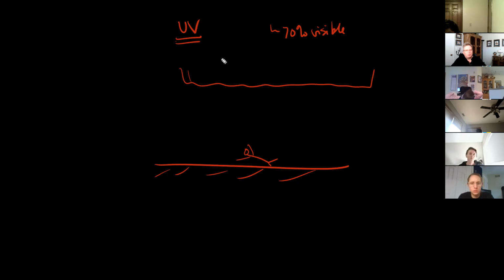Have you ever gotten sunburn on a cloudy day? Yes. In fact, why do you think that is? Why do you think it's easier to get suntan or sunburn on a cloudy day? There's a reason for this. Do you think it's easier to get sunburn when you're in a boat? Anybody ever gone boating and gotten sunburned easily?